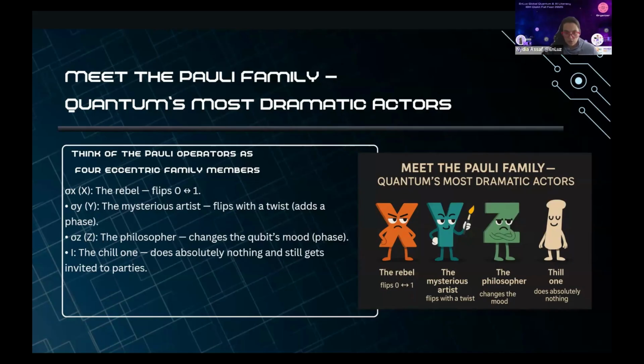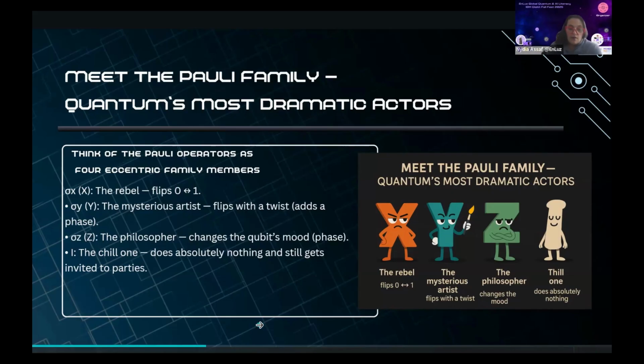And then the Z changes the qubit's phase, which is really important for quantum teleportation because we call it a negative phase, which is kind of why they have them grumpy over here. And then I, I'm describing it as it does absolutely nothing, but it helps in the combinations of them, and you'll see in the exercise why that is.